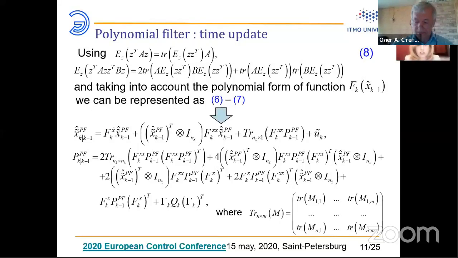Using a known relation for the Gaussian vector z, we can rewrite the expressions 6 and 7 in the following form. You can find more details of this transformation in our paper.